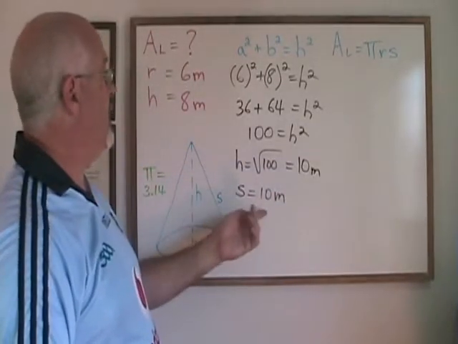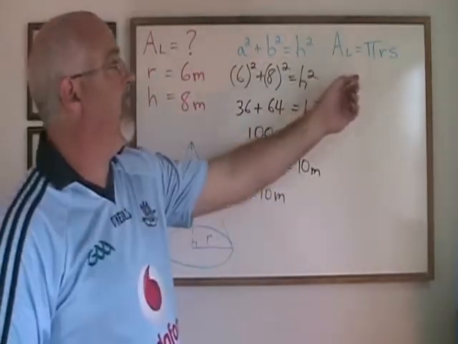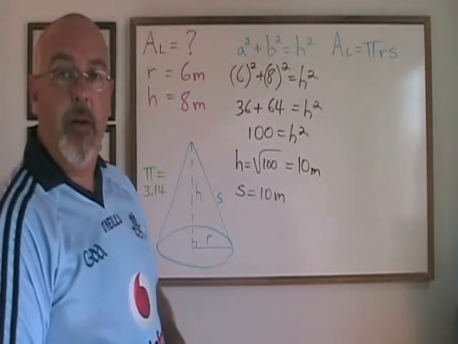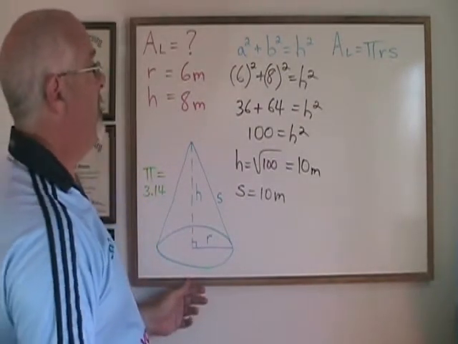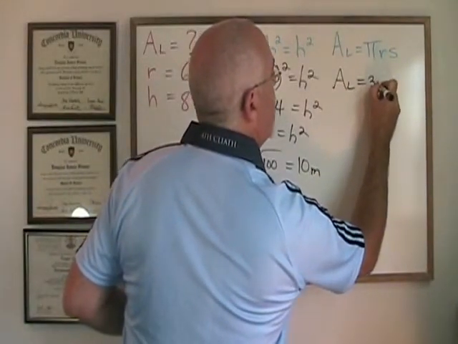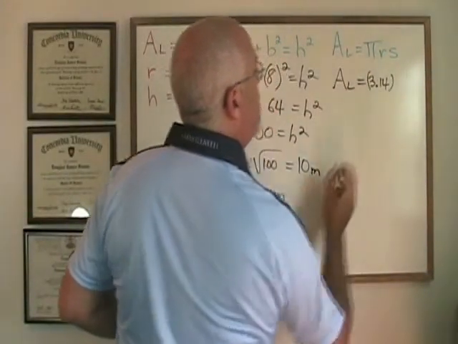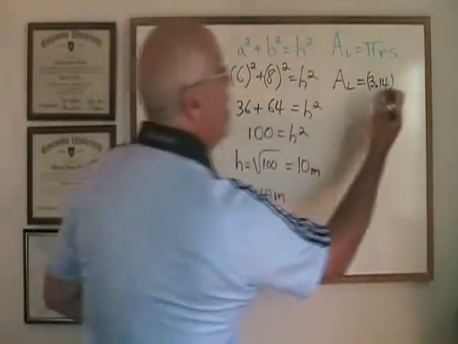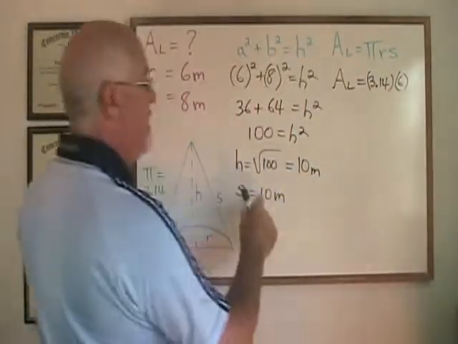Now we can plug the slant height and the radius into the formula for lateral area of a cone and answer our question. Pi is 3.14. Radius is 6. Slant height is 10.